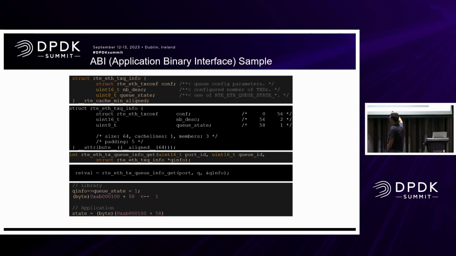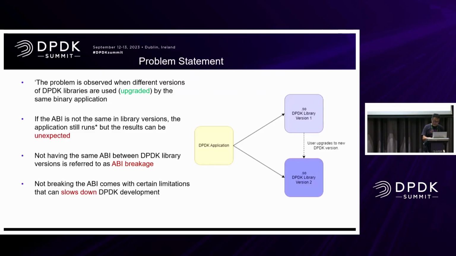So at that point, the library has just numbers, and the application has just numbers. If you want to set queue state, it is offset plus some value. Because of the contract between application and library, they know where to find what. That works fine. But my point is that at the binary level, there are no fields, structs, etc. And normally there is no issue with the binary interface, but it becomes a problem if we change the shared library.